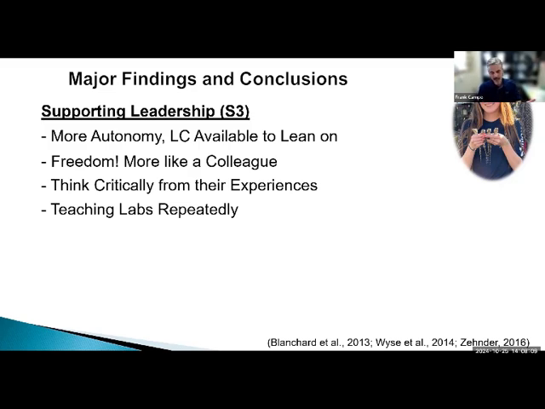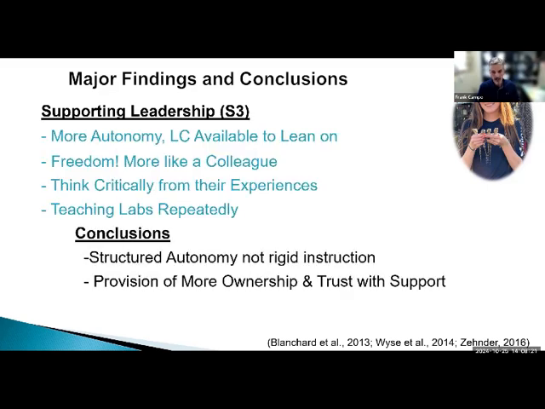And then finally, they said teaching multiple sections a semester really reinforced their mastery experiences to help them become more confident. It was one of the biggest and most powerful sources of self-efficacy for them. So structured autonomy, not rigid instruction, was really powerful in improving their confidence.